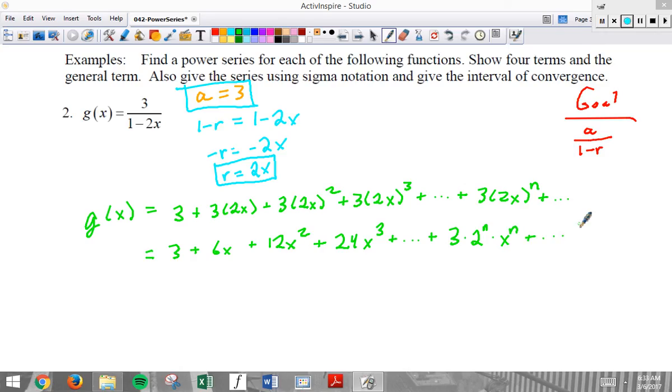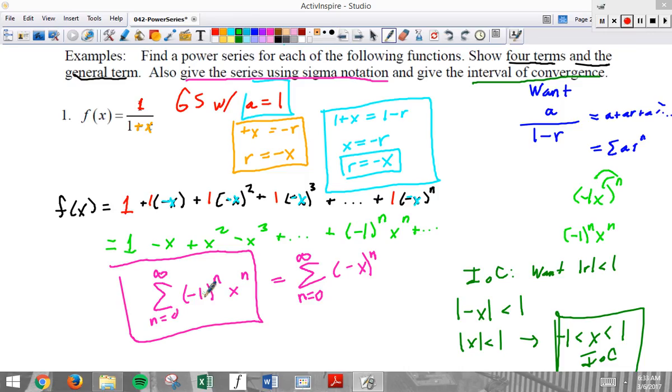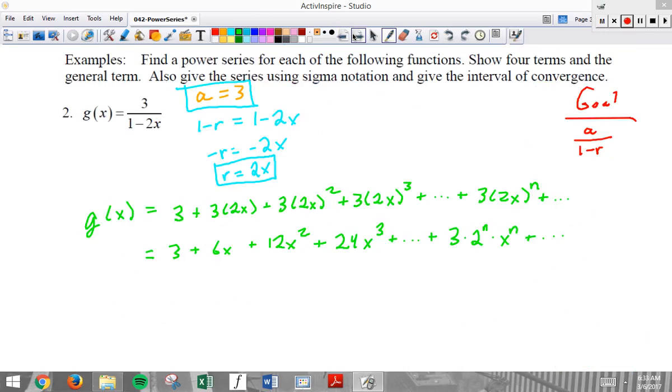Now in general, that's not as necessary, okay? In general, for this one, that's much cleaner. Why do I want to separate it out here? Because again, the negative 1 to the n is a very powerful idea. 2 to the n, not so much.